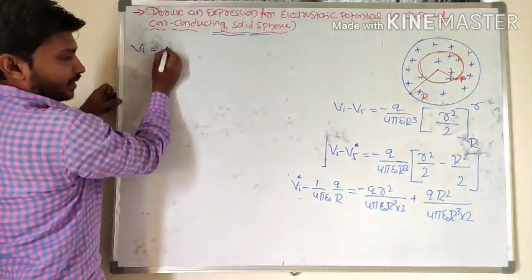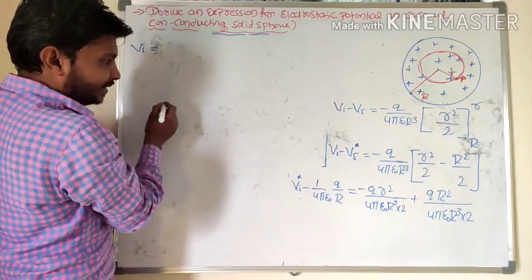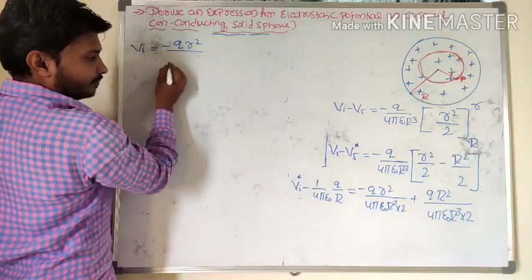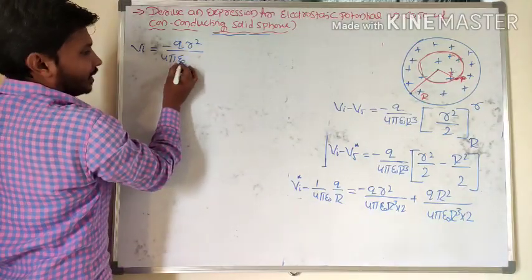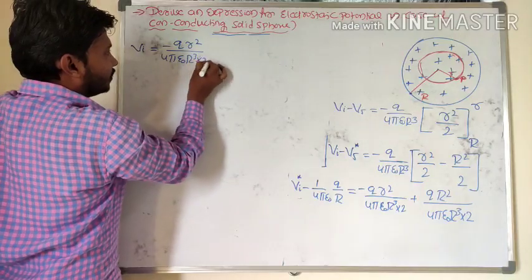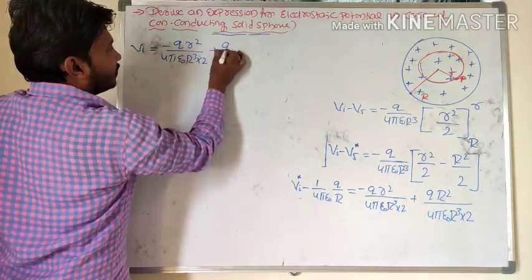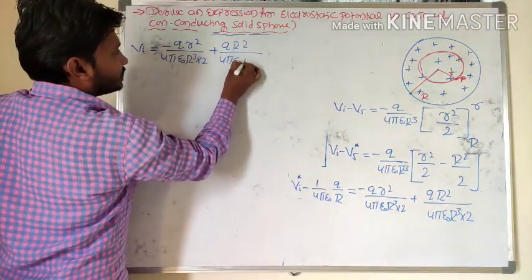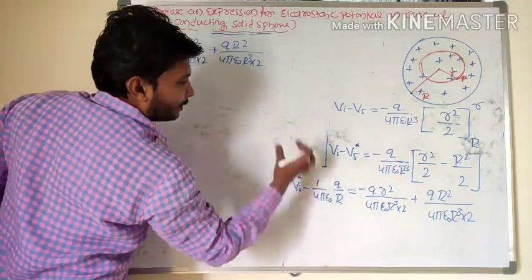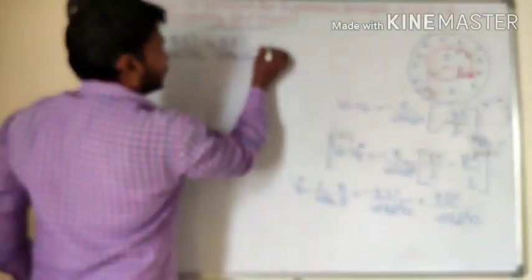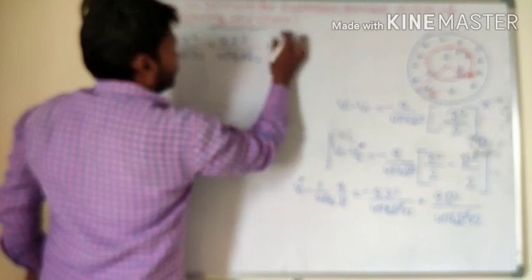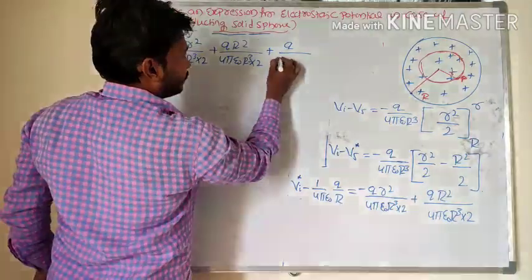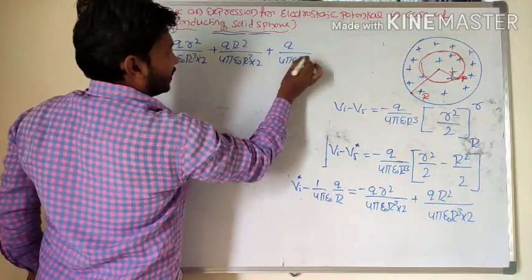If I shift it to the right side, look here: minus of q into r square divided by 4 pi epsilon naught r cube into 2, plus of q into r square, I am writing as it is, 4 pi epsilon naught r cube into 2, minus 1 by 4 pi epsilon q by r. If it goes to the right side, that is plus q divided by 4 pi epsilon naught into r.